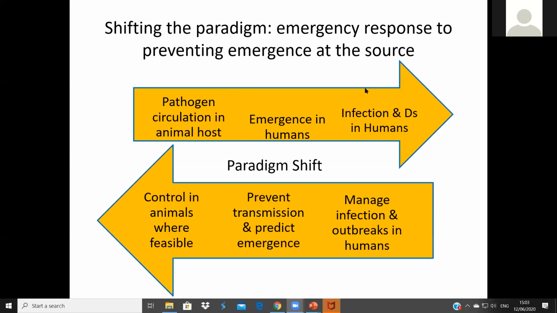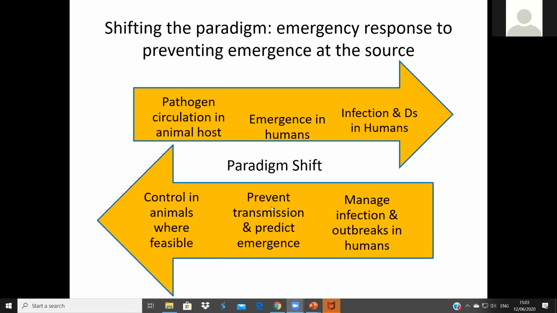The paradigm shift should be, if we find disease in humans, we should try to prevent its transmission and predict its either emergence or similar disease emergence or re-emergence, and we should try to control in the animal population wherever feasible.